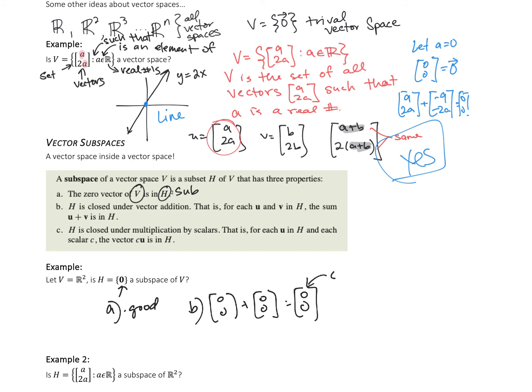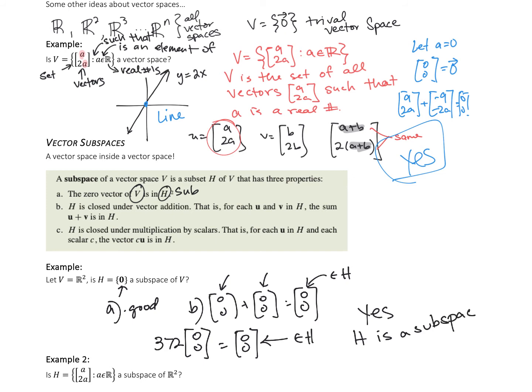This is an element in H, just like each of these is an element in H. So we are closed under addition. The last one says that if I take a scalar and multiply it by, say, 372 times the 0 vector, it is equal to the 0 vector. And again, this is an element in our subspace H. So yes, H is a subspace of R2.